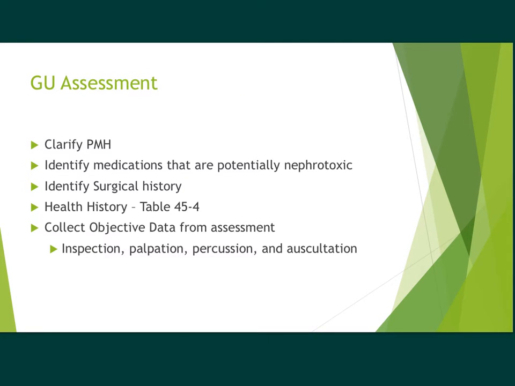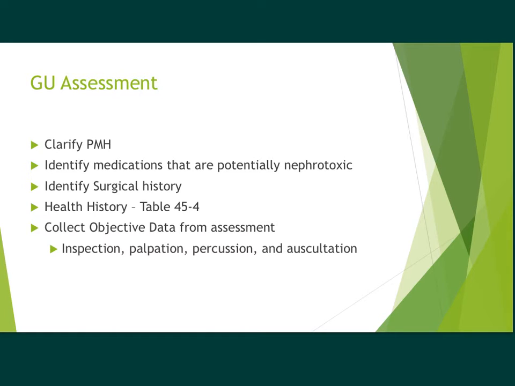As we go through and talk to someone who has presented with a potential GU problem, we want to investigate their past medical history. We want to look to see, are there any diseases that are related to the renal or GU system? Do they have comorbidities that would increase the likelihood of having a renal or GU disease, such as hypertension or diabetes?